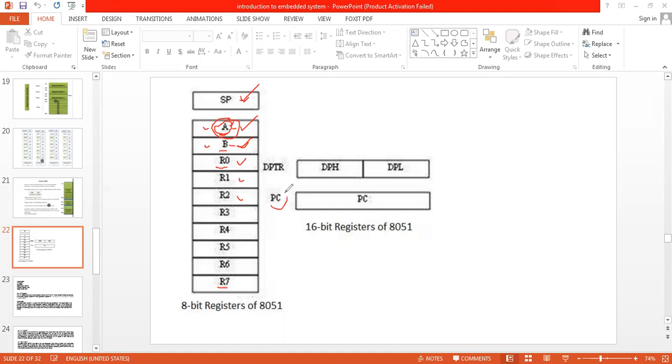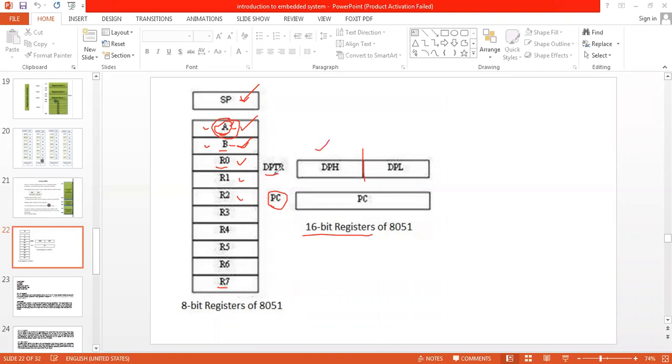Then we discussed the PC, the program counter, which is a 16-bit register, and also the DPTR. DPTR is divided into 8 bits and 8 bits. The lower 8 bits are called DPL, data pointer low, and the higher byte is called DPH, data pointer high.